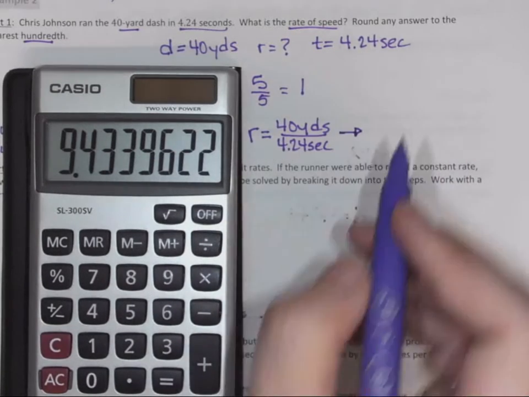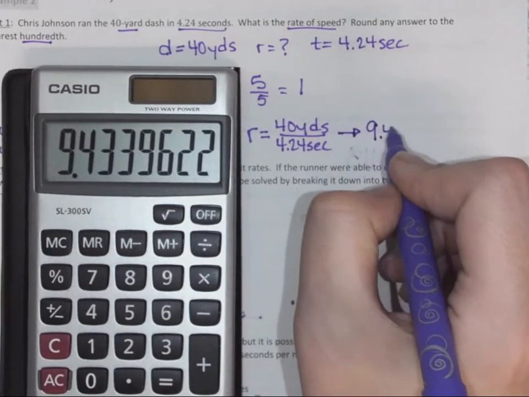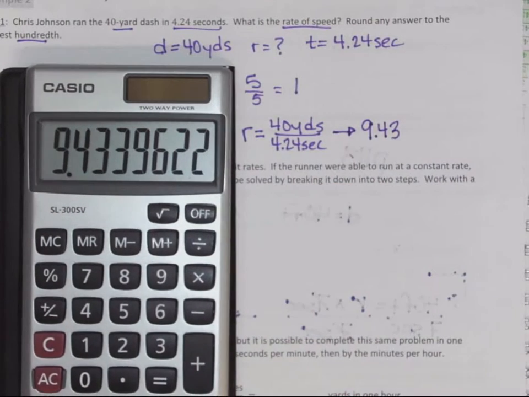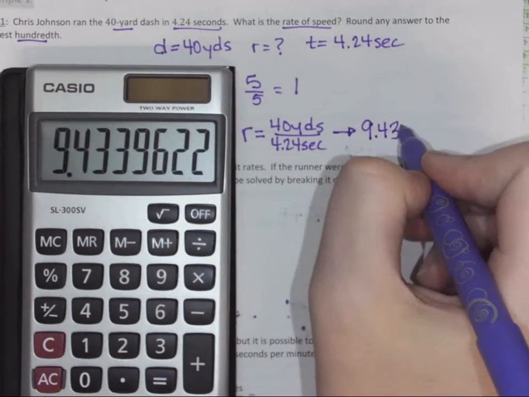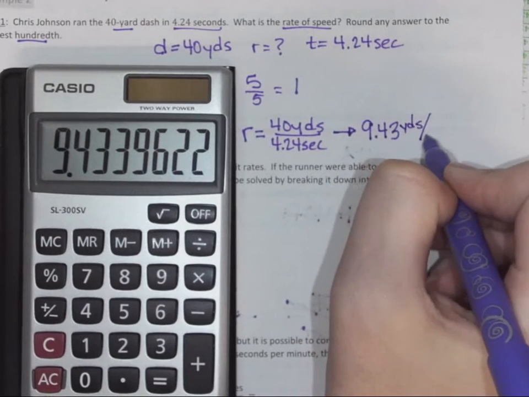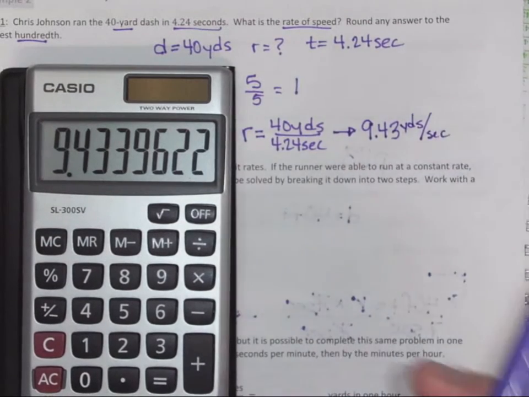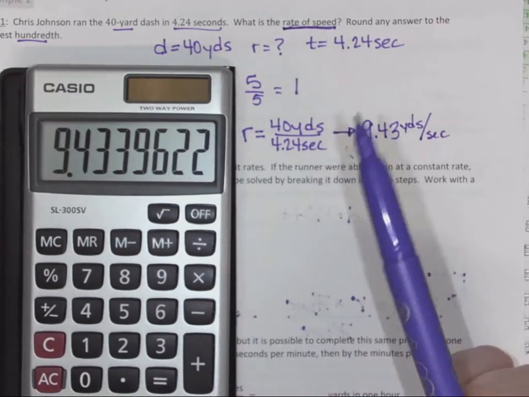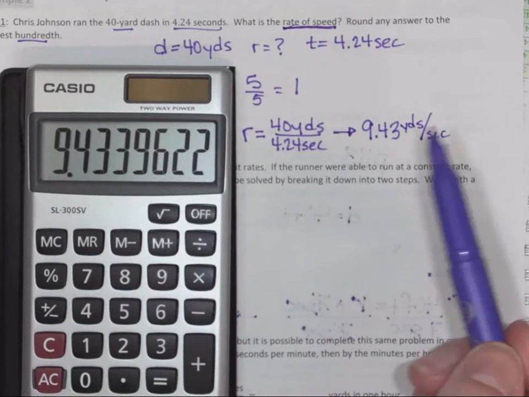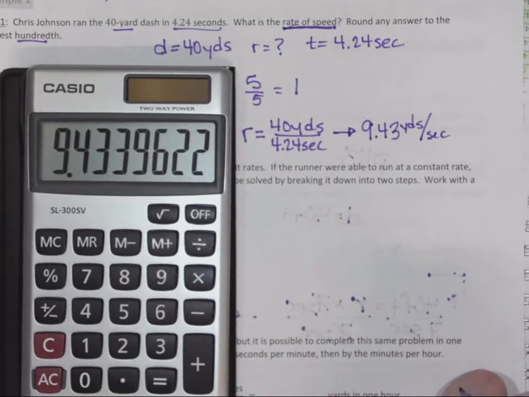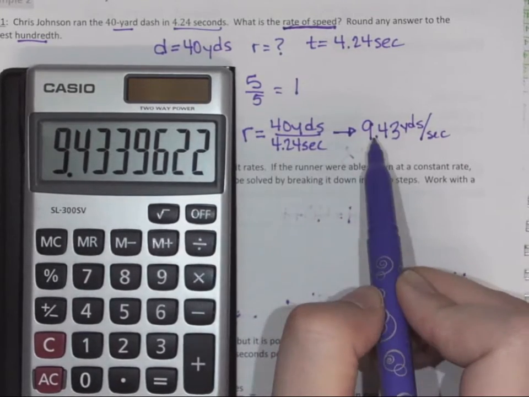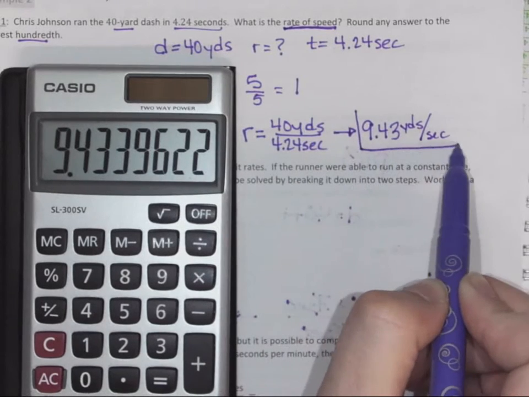Alice. 9.43. And is it seconds? Yards per second. Remember that if you're looking for a rate, you're going to have a distance per some time. Okay? And of course, we need to box our answer.